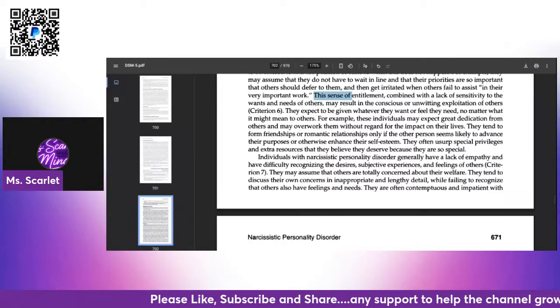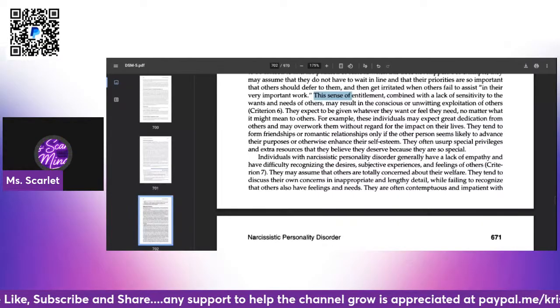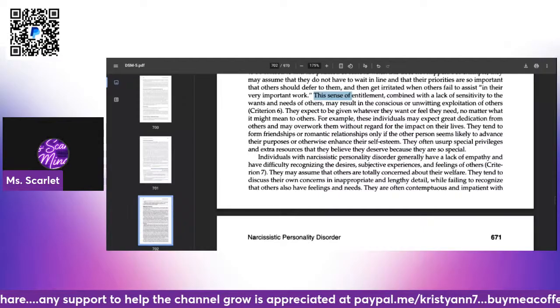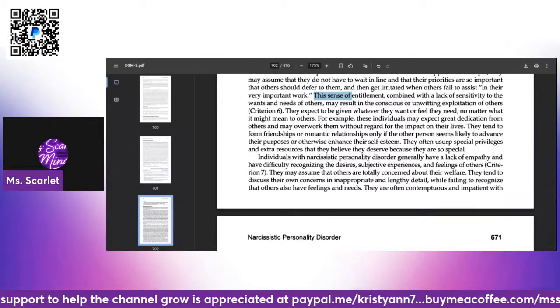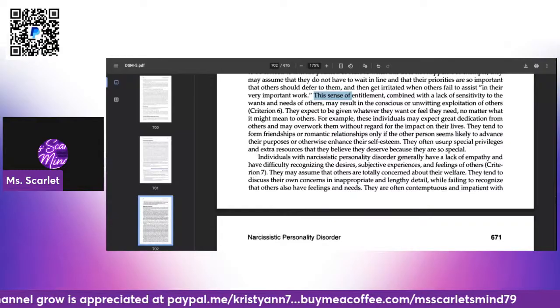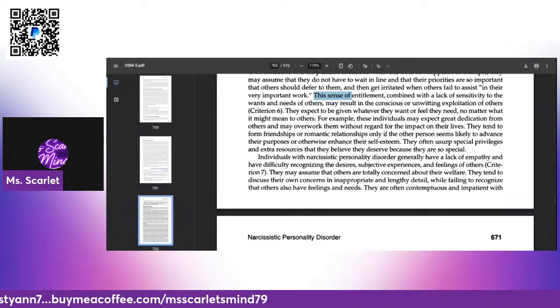They tend to form friendships or romantic relationships only if the other person seems likely to advance their purposes or otherwise enhance their self-esteem. Think about that. They often usurp special privileges and extra resources that they believe they deserve because they are so special.